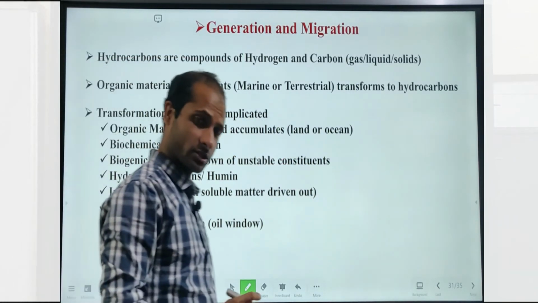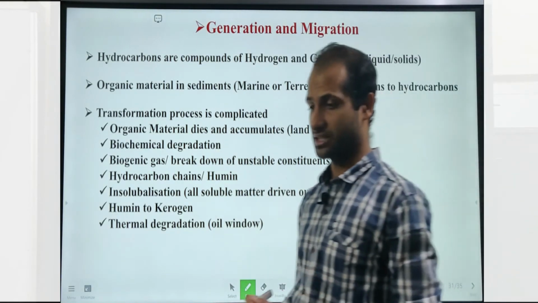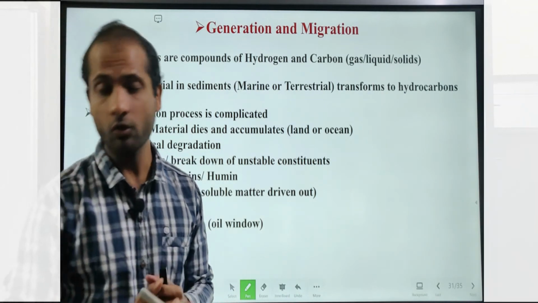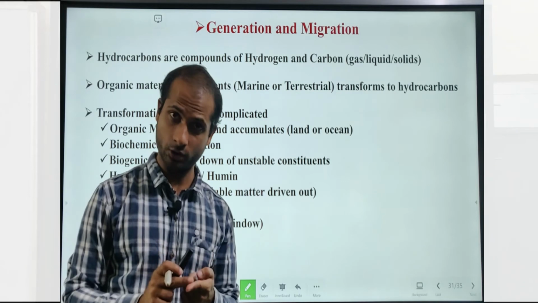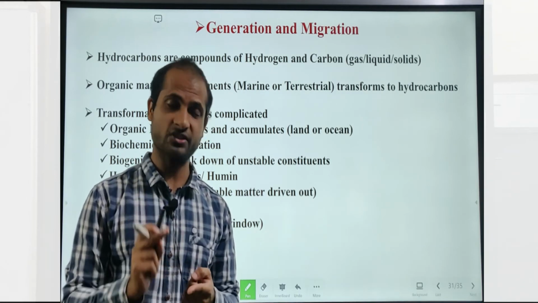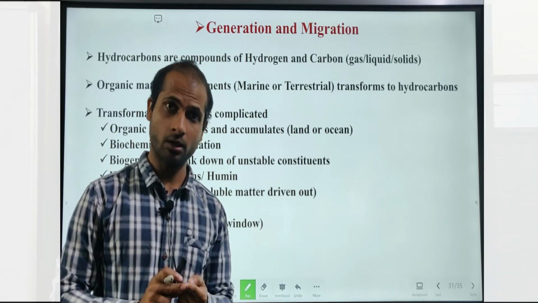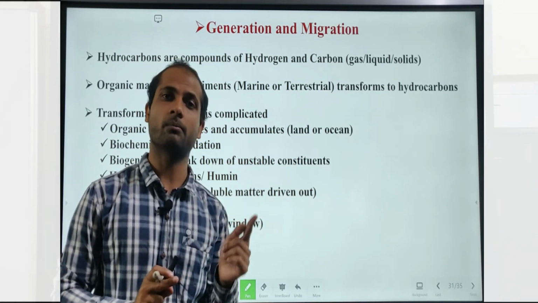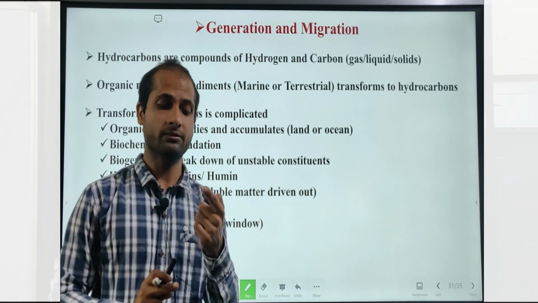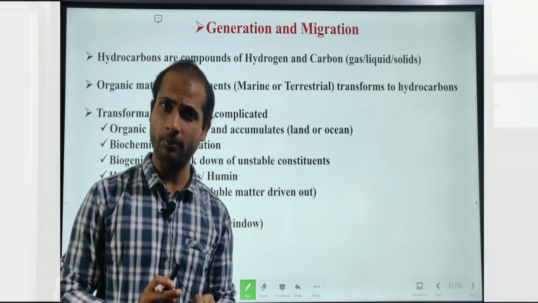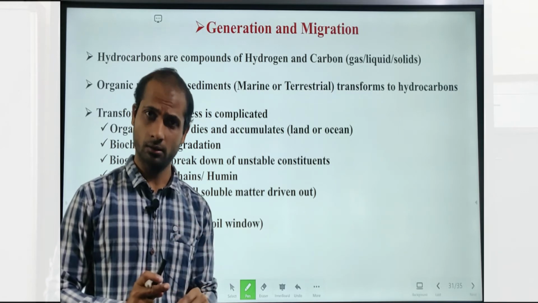Then the last topic of key elements of hydrocarbon, that is generation and migration. Till now, what are the topics we have covered? We have covered the source rock, the first and foremost important component. Then we discussed reservoir rock, which is responsible for migration of hydrocarbon to the trap. Then we discussed cap rock. There are 3 types of cap rock usually reported: evaporite, shale and carbonates.